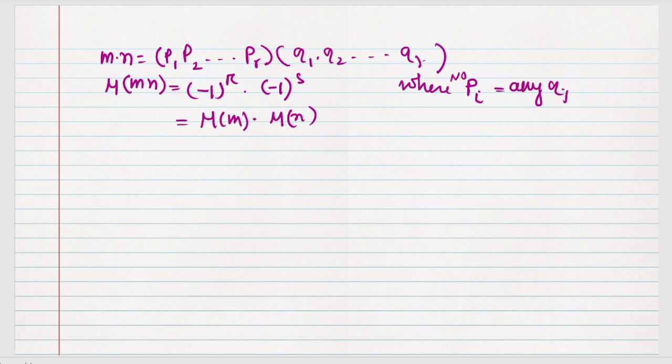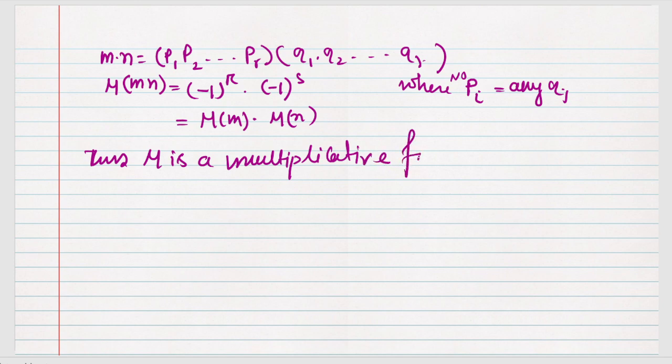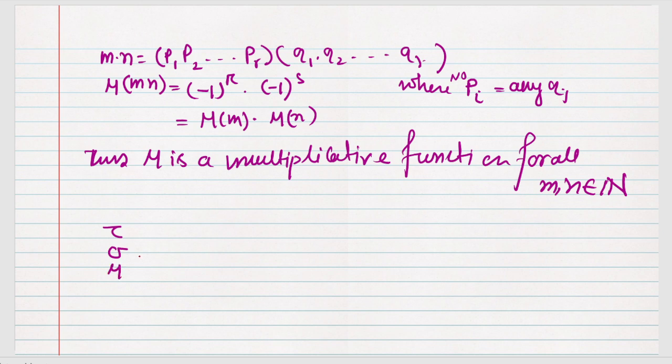That means we can say that thus mu is a multiplicative function for all m, n belonging to positive integers or natural numbers. So we already proved that tau, sigma and mu, all three, are multiplicative.